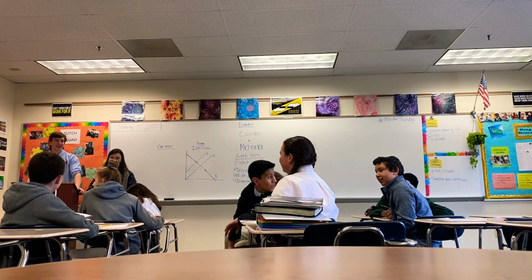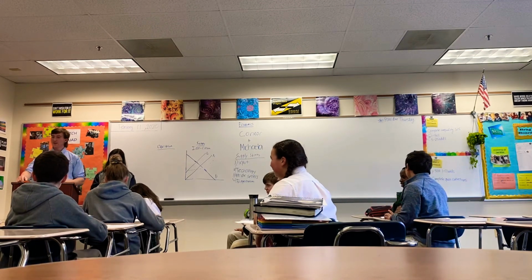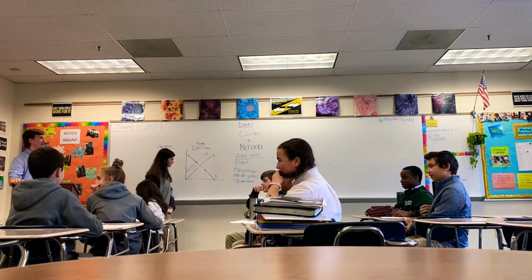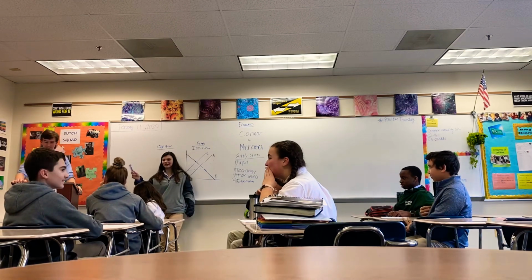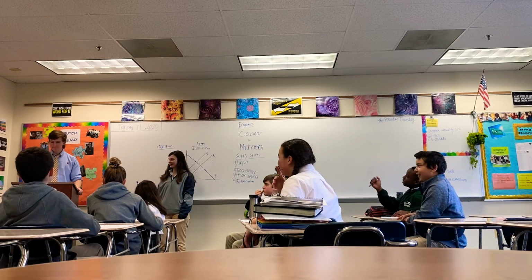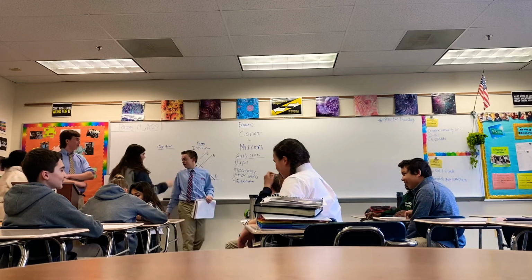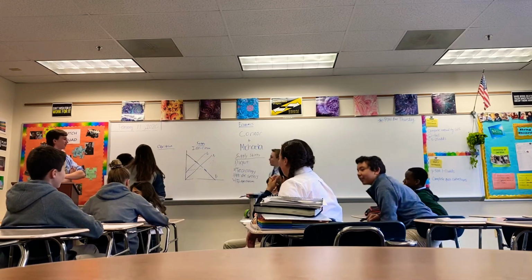Alright guys, you ready? Alright, we're gonna start with Drew and Eva. You guys come up here and let's see what you have. You write what you got, present it. You can write them over there. We can erase that.